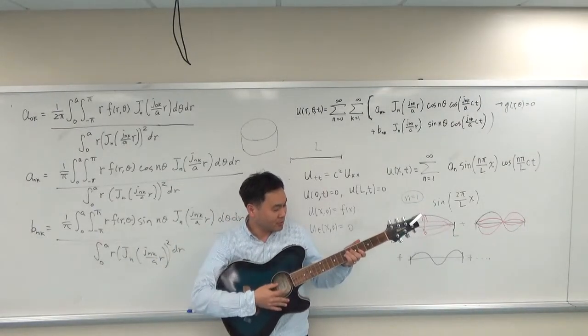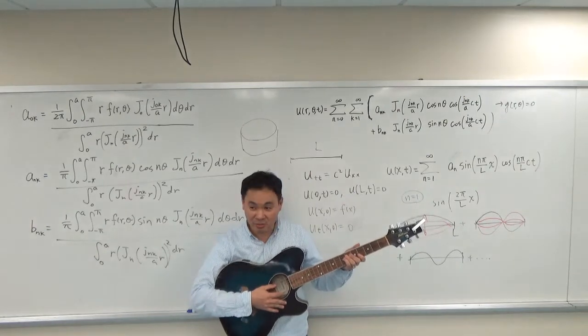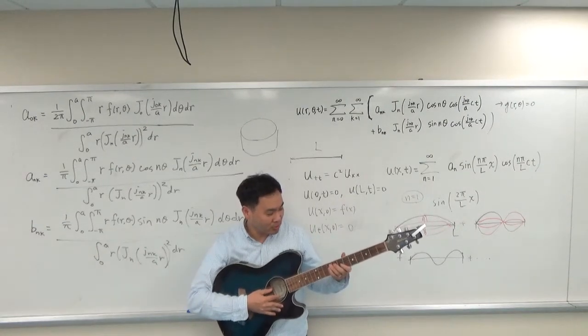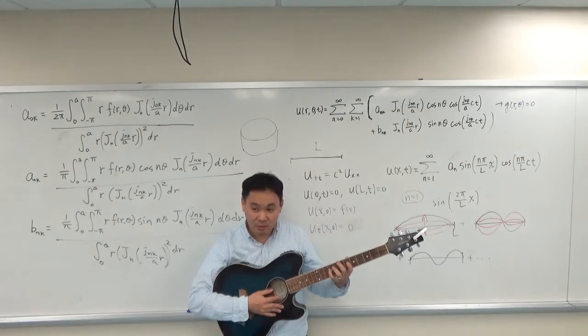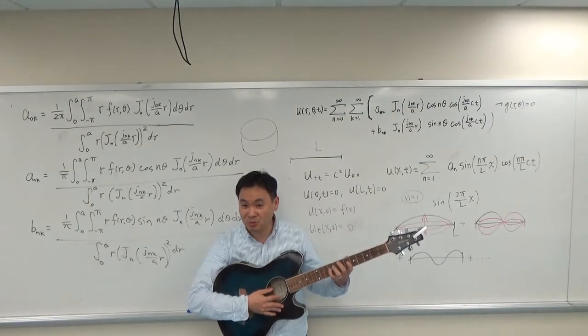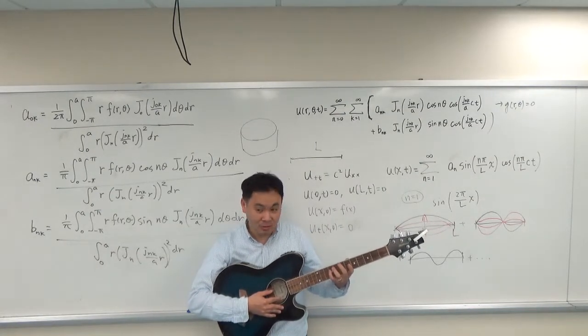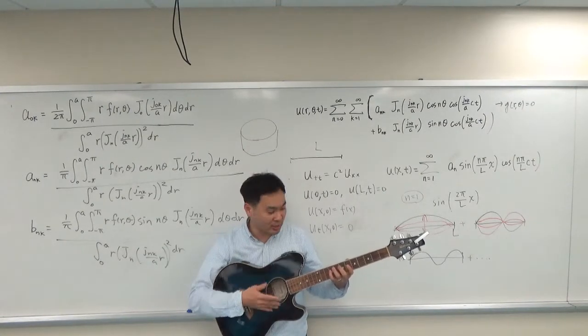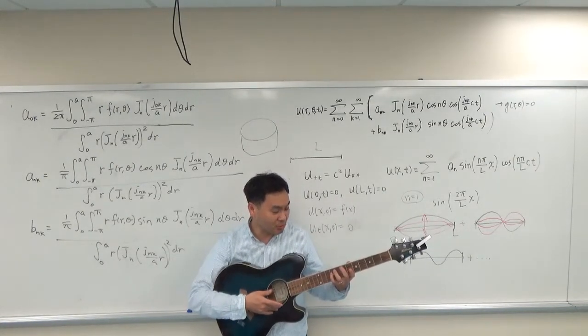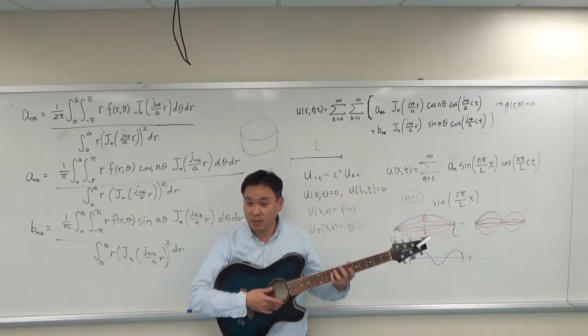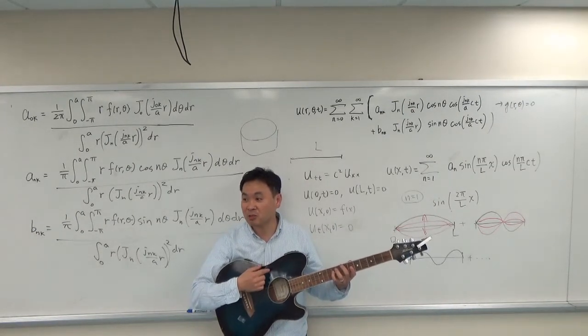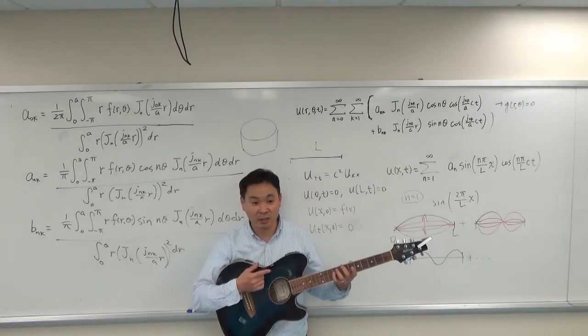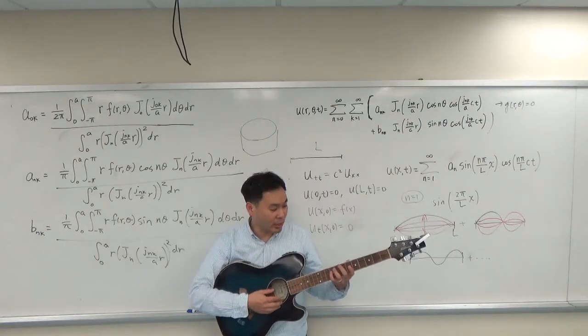With my guitar, here's a note. You hear this as a guitar sound, but if you do this, so what did I just do? Two sounds. It was vibrating, and I touched the exact middle, and you start hearing a pitch that's one octave higher. So why did that happen?